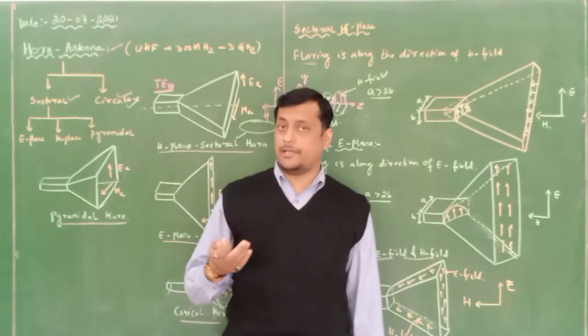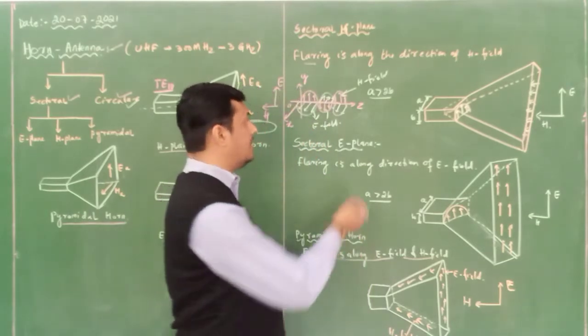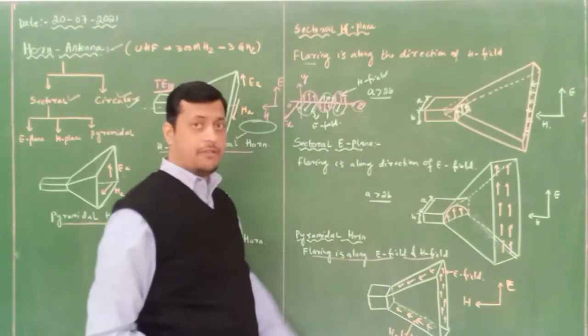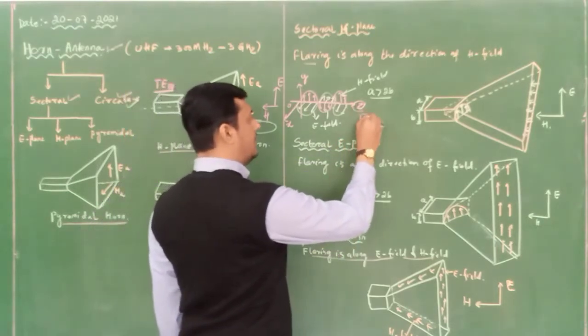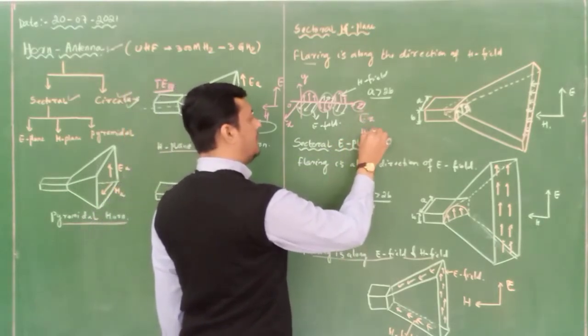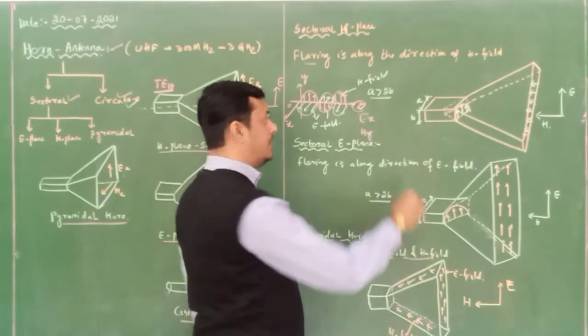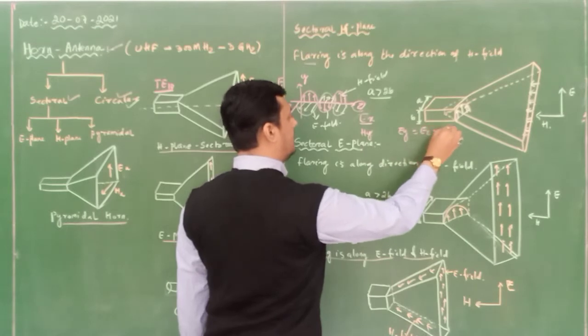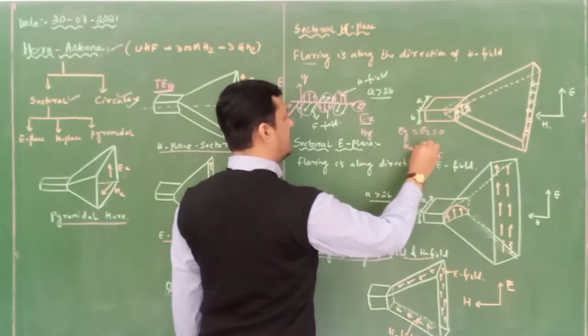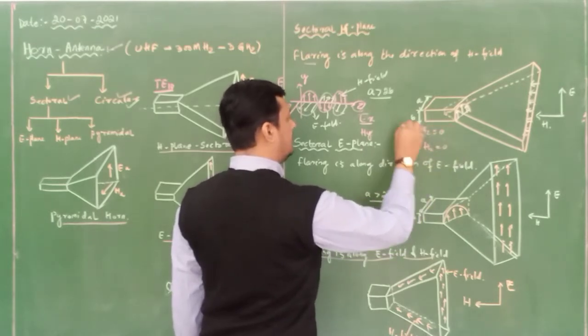And one more important thing: what field components are available? Let us consider this same example. If the total wave is propagating along the z axis, I have only Ex, I have only Hy. But the electric field Ey and Ez components are 0. Similarly, Hx and Hz components are 0.